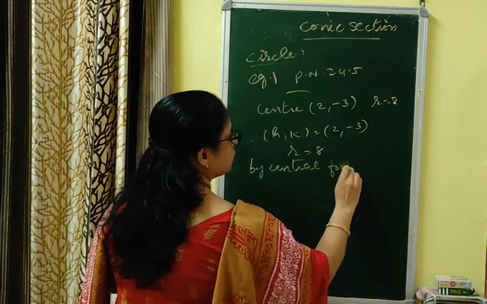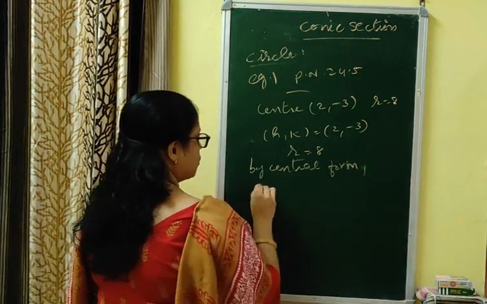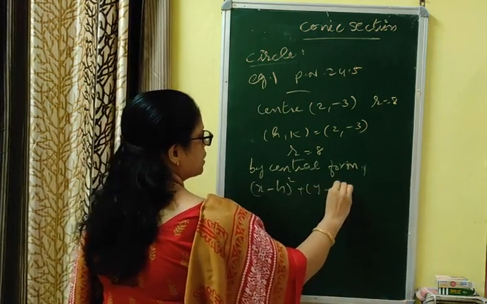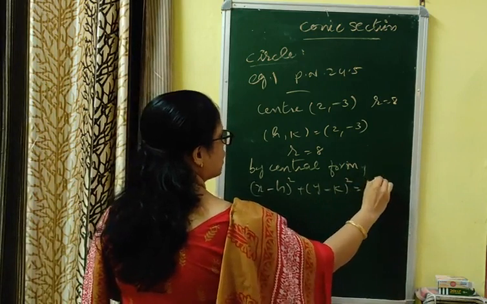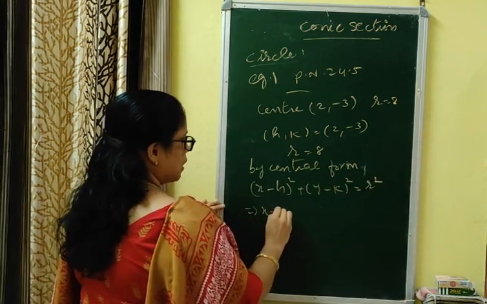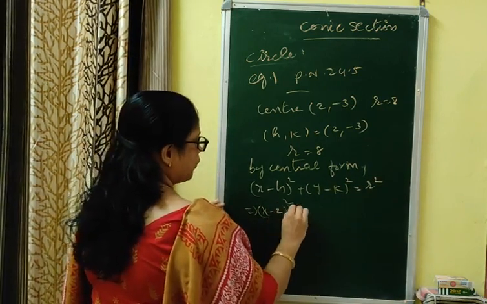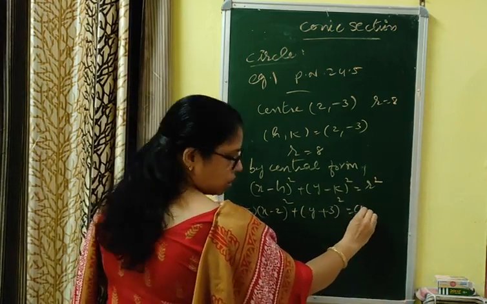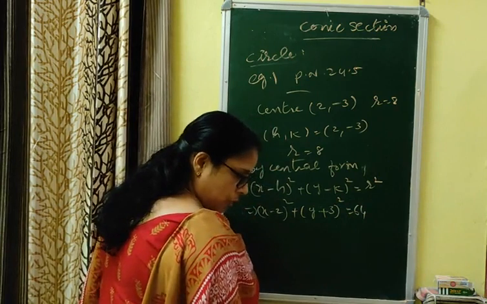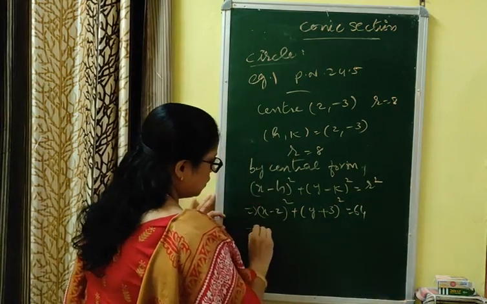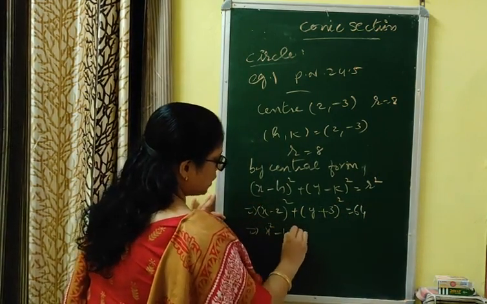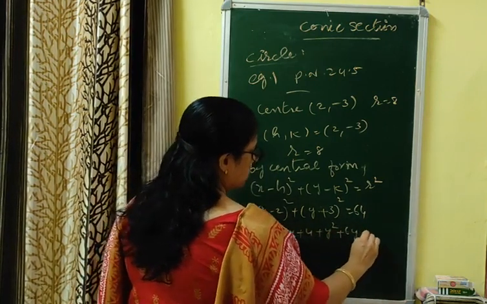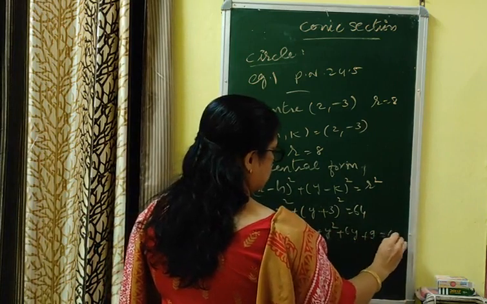By the central form of the equation of a circle, first of all you have to write the form: (x minus h) whole square plus (y minus k) whole square equal to r square. You will get (x minus 2) whole square plus (y minus minus 3, that is plus 3) whole square equal to 64. If you solve it, you will get x square minus 4x plus 4 plus y square plus 6y plus 9 is equal to 64.